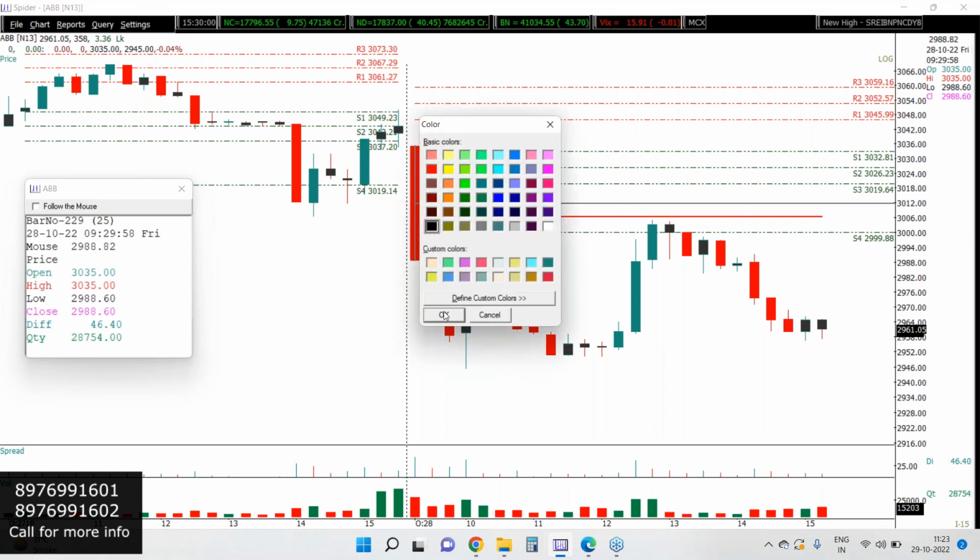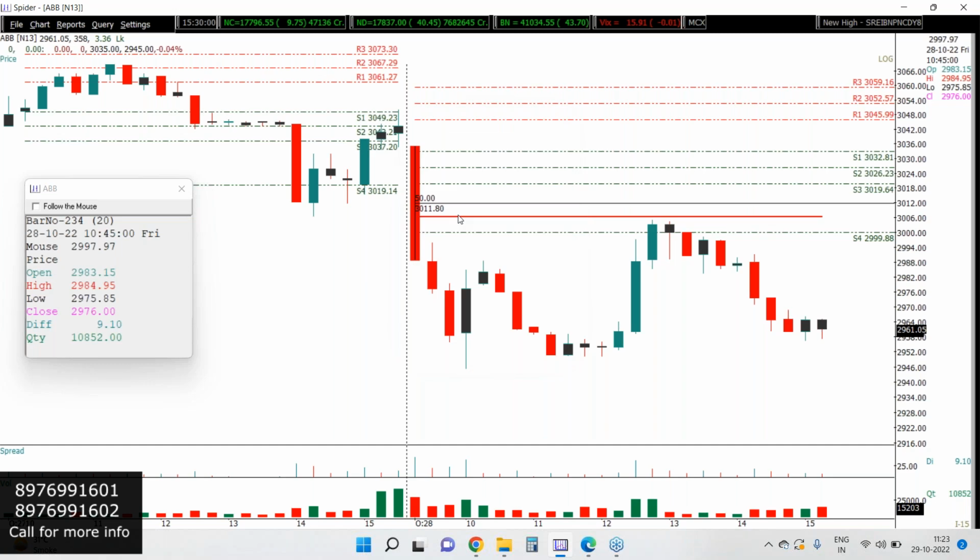If I enter over here on the very next candle, this will be my stop loss, 50%. And you have to follow the same risk reward ratio. Suppose I'm getting 30 points here, so I have to wait for 30 points in the negative direction. So this triggered yesterday at 9:30.